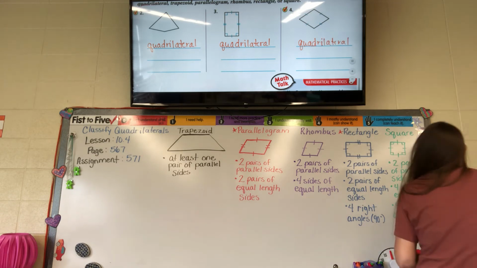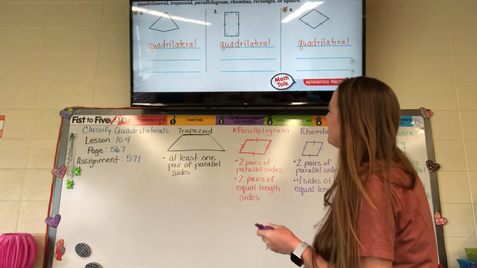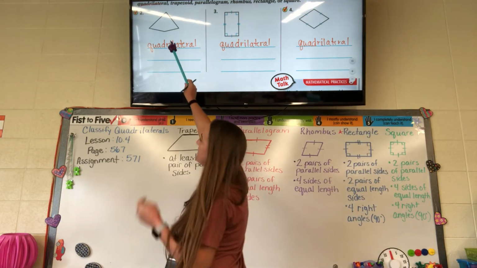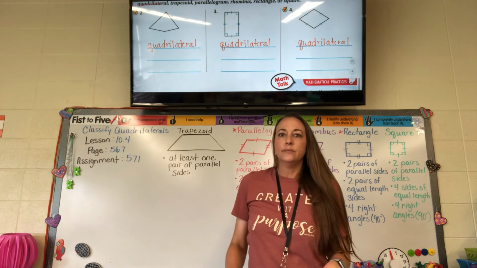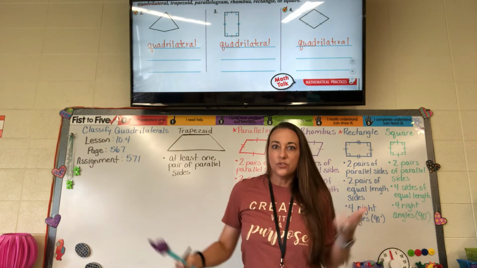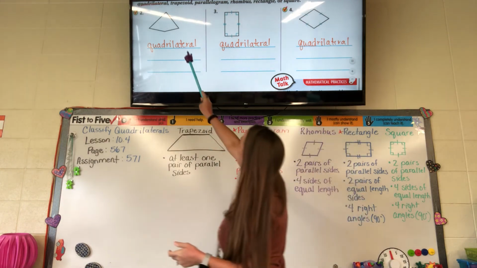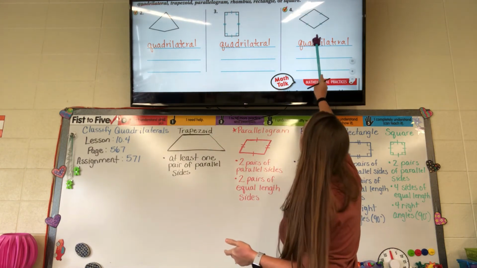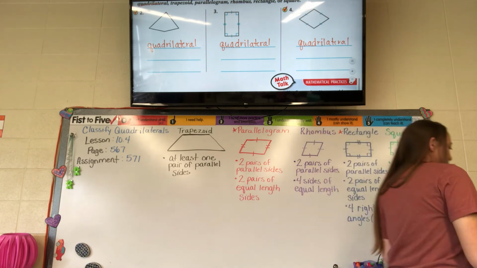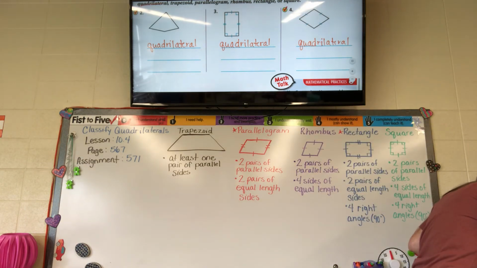Now we're done with quadrilateral, then trapezoid. Does this guy have at least 1 pair of parallel sides? What do you think? Yes or no? Maybe so. No. No. This one does, and this one does. So 3 and 4 are also trapezoids. Okay.